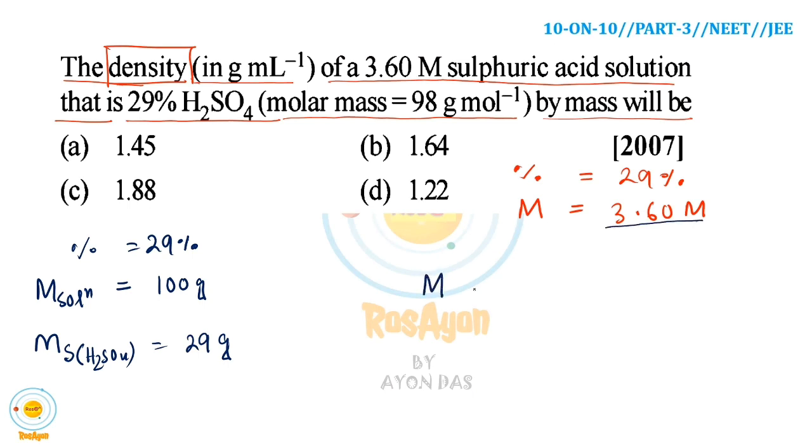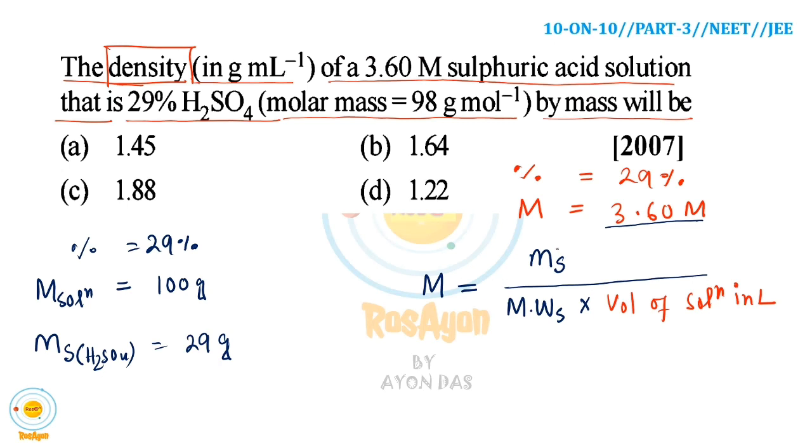Now put the formula of the molarity, that is mass of solute divided by molecular weight of solute into volume of solution in liter. Now the mass of solute is given, 29 gram, and molecular weight of solute, that is sulfuric acid, is 98 gram per mole.